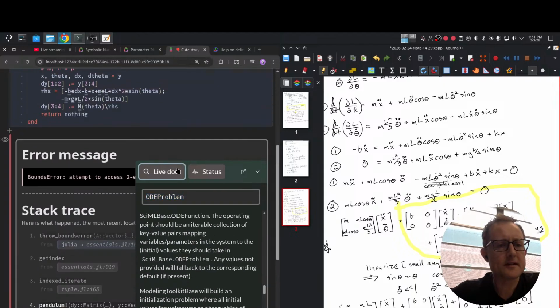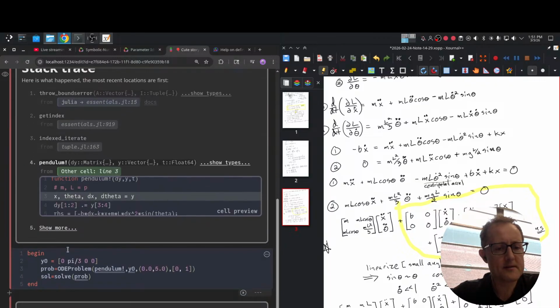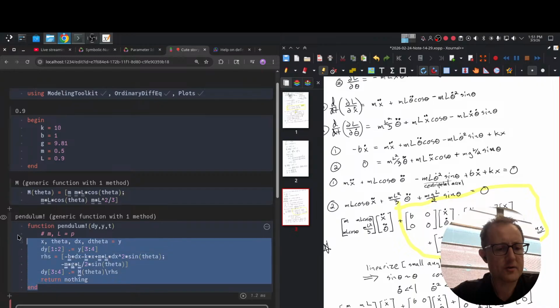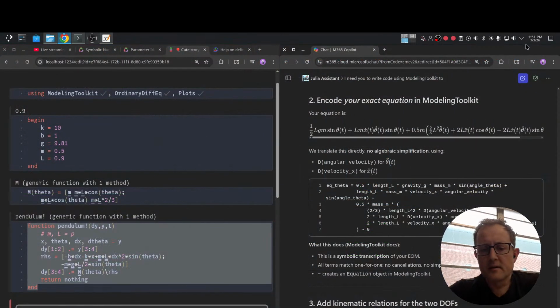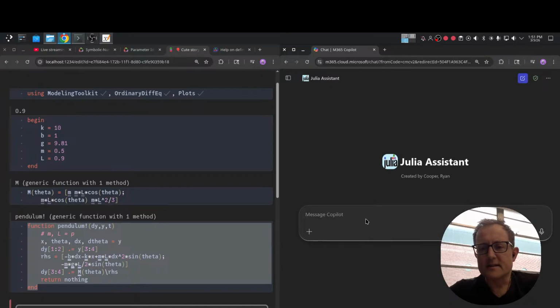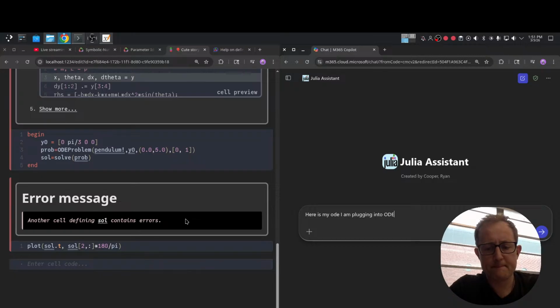Alright, so let's try some AI. So I'll show AI the function that I came up with. Let's make a new chat since it was not helping me. Here is my ODE. I am plugging into ODE problem and solve.